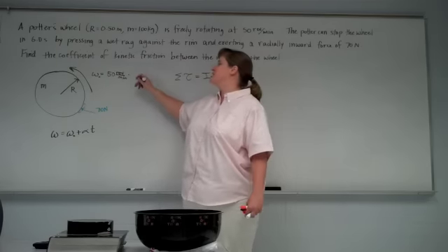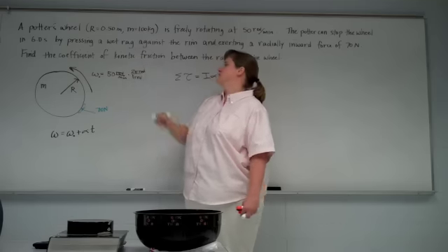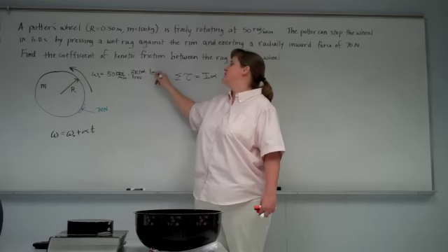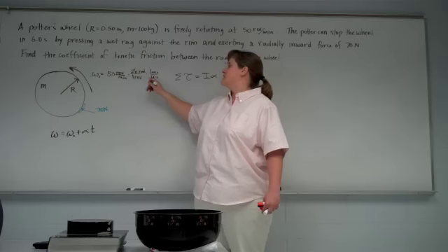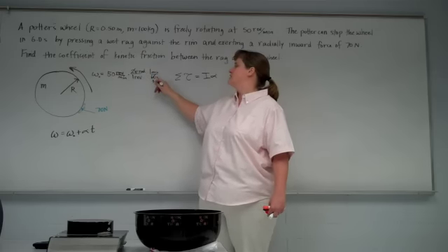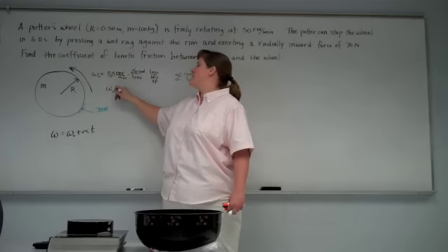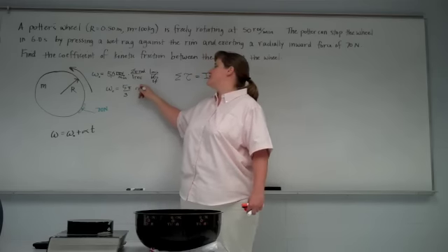But that's easy enough. 1 revolution is 2 pi radians. 1 minute is 60 seconds. So let's see, that goes into there. 30, the zeros will cancel. So omega naught will be 5 pi over 3 radians per second.